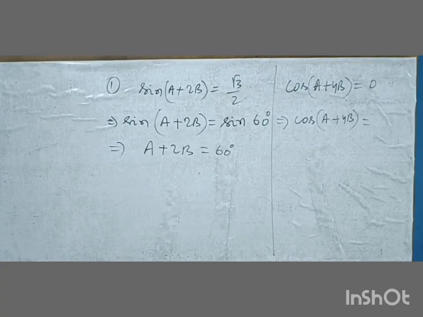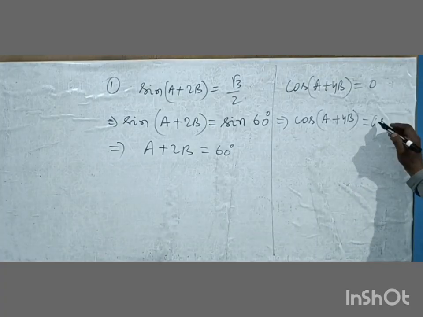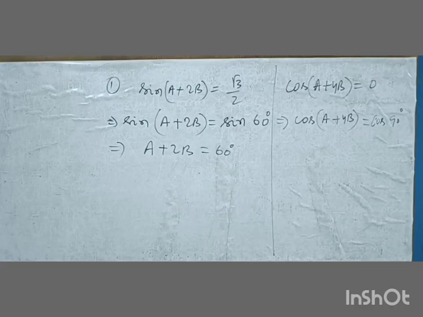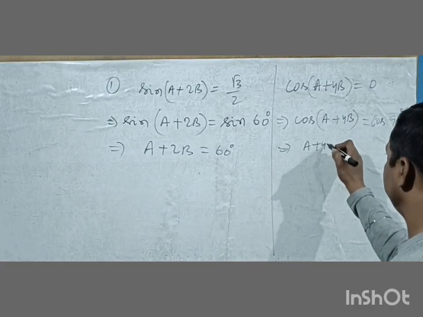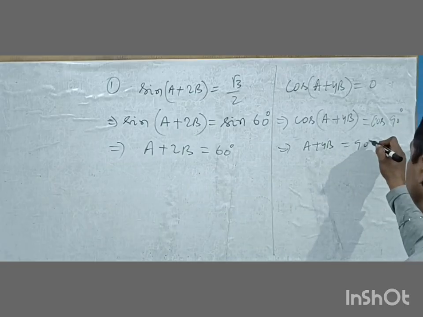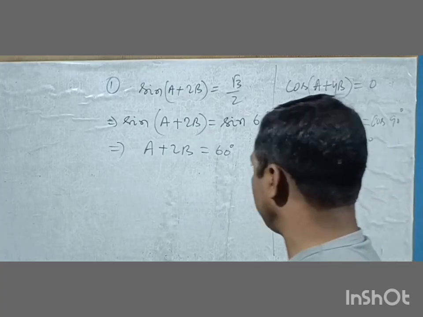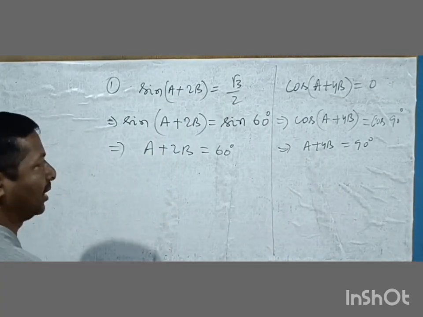Cos 90 is 0. You have to memorize these things, the degree values or table values of sin, cos, tan, cot, sec, cosec theta. So I can write now a plus 4b equal to 90 degree, because cos form is on both sides. So I got now a plus 2b as 60 and a plus 4b as 90.